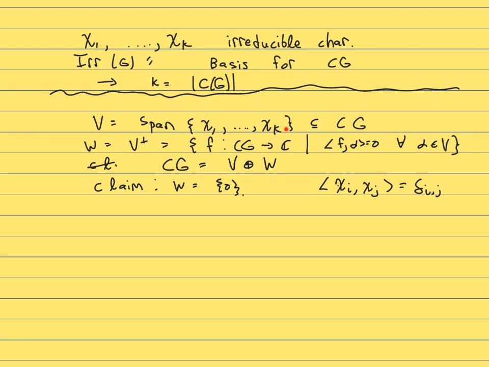And so they're linearly independent vectors in their span, so they're a basis of their span. If W is the 0 subspace, the set of class functions is this span, and therefore they form an actual basis.